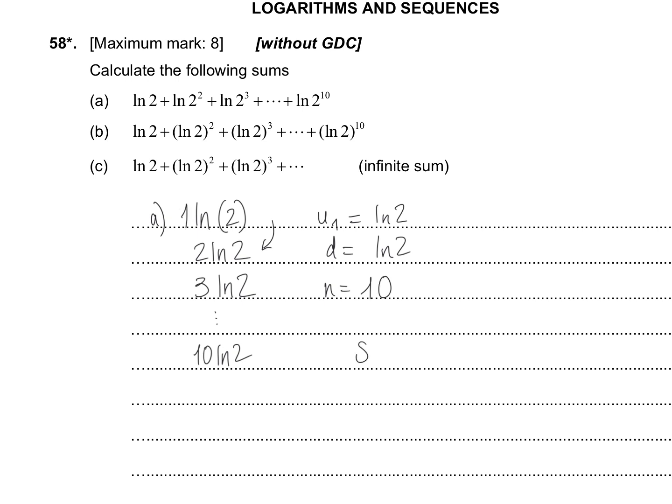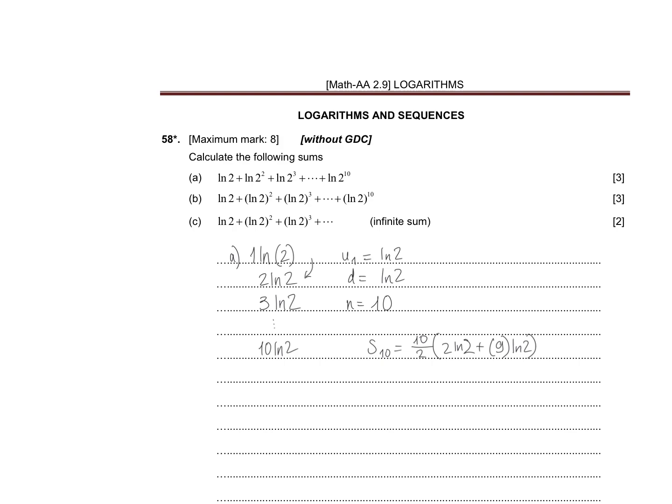So we've got the sum of 10 terms, and this is arithmetic, and we're going to have n over 2, 2u1 plus n minus 1 times d.